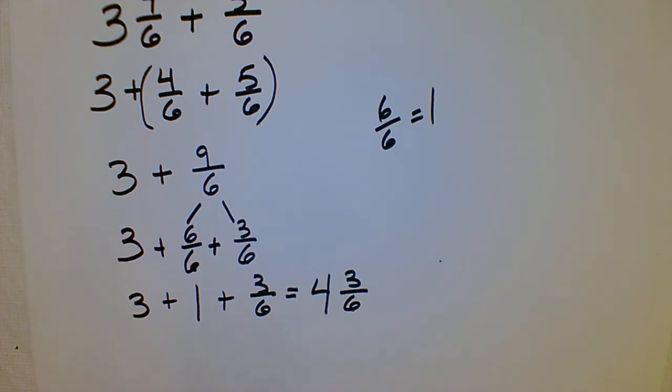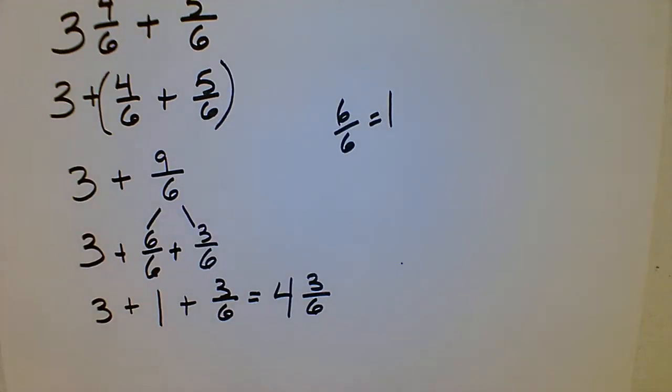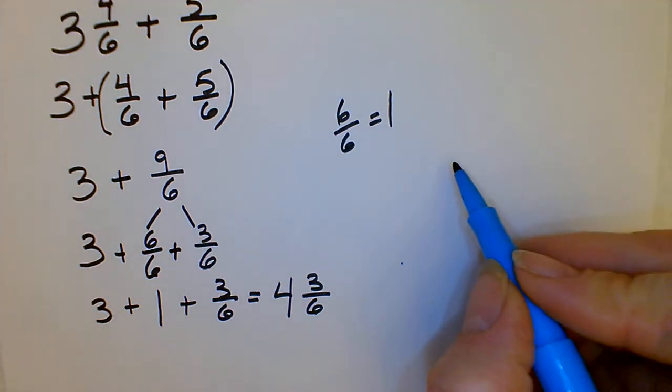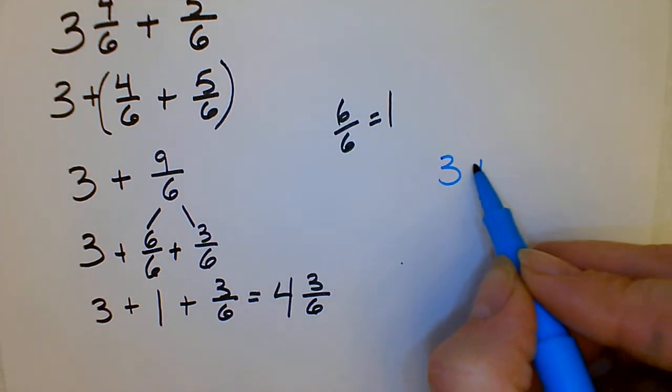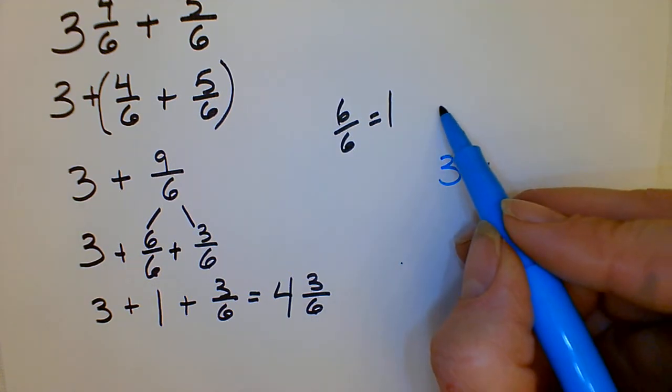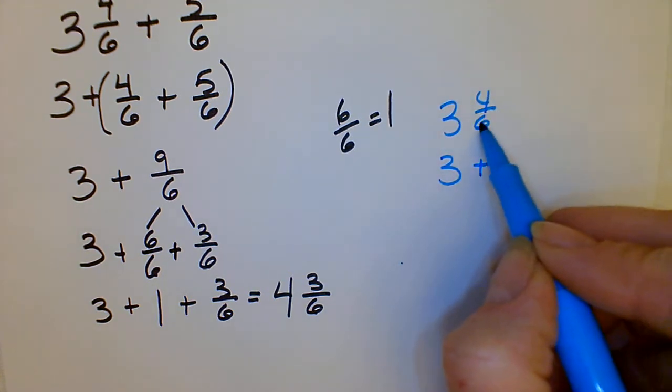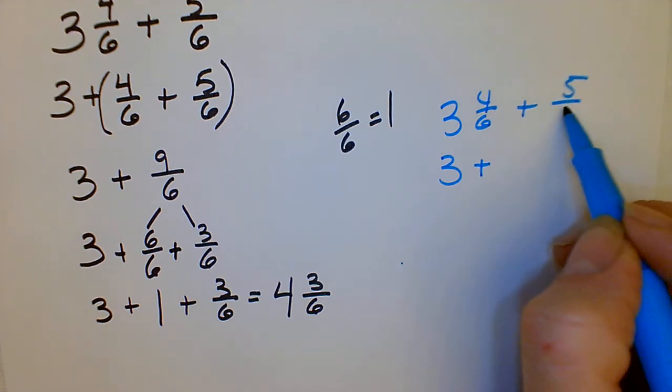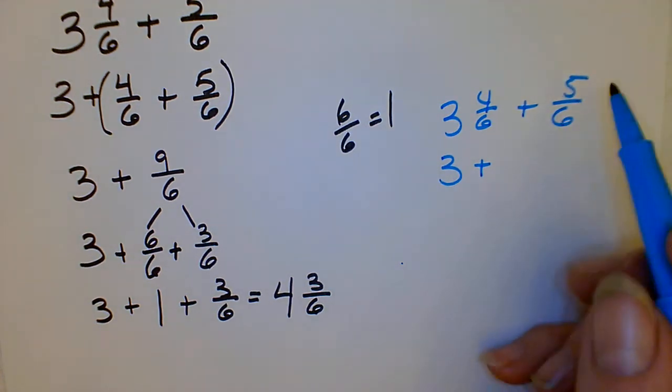Okay, so let's do this the other way. So I'm going to do that over here, and then we'll do a number line. So let me remind you of this other way that we've been doing this. So let's say that I have my 3 plus, well, let me start off here, sorry. 3 and 4/6 plus 5/6. And remember, my goal again is to make a whole.